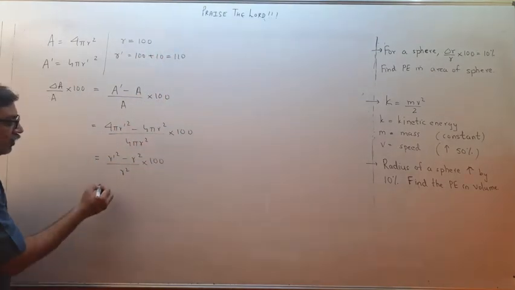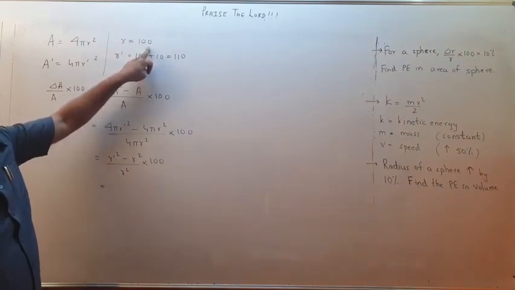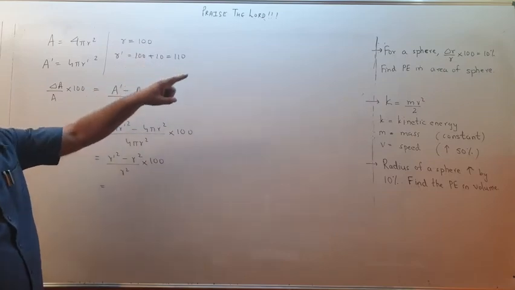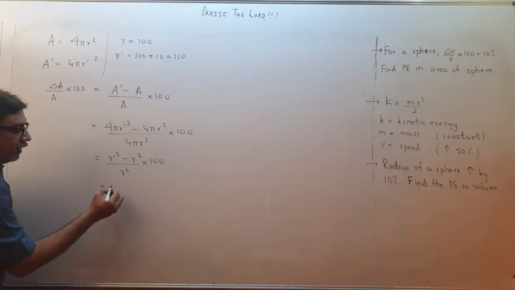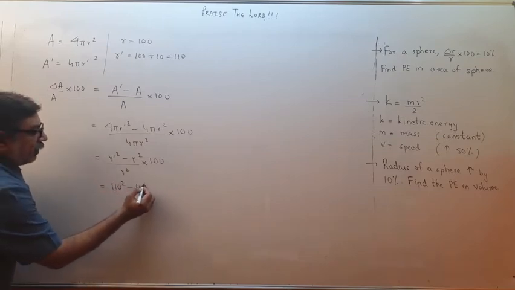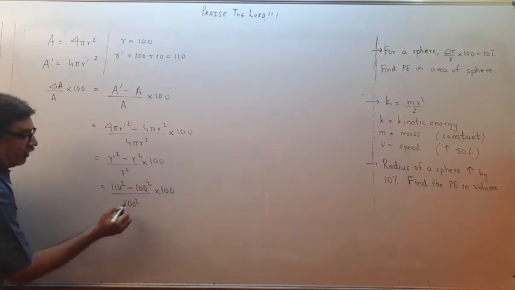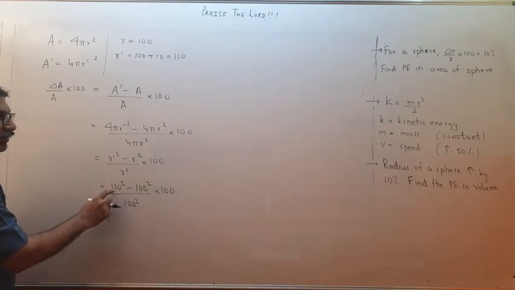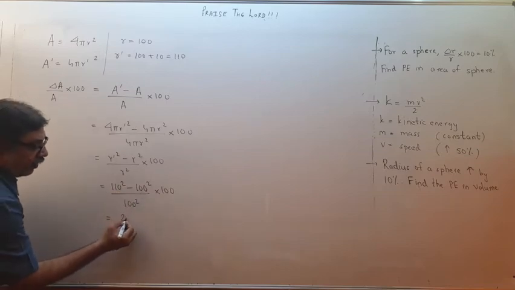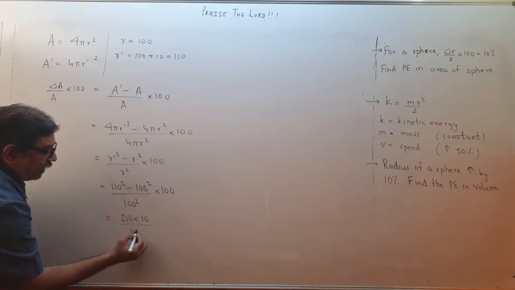So now put the values. Always assume the initial value as 100 and then find out the new value. If it is increasing by 10%, then 100 plus 10, 110. So R dash will be 110 square minus 100 square upon 100 square into 100. See, 100 will get cancelled out. Right over here. 110, see, a square minus b square, a plus b, a minus b. 110 plus 100, 210. 110 minus 100, 10, upon 100.